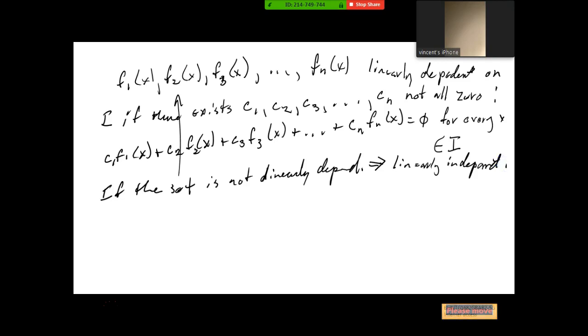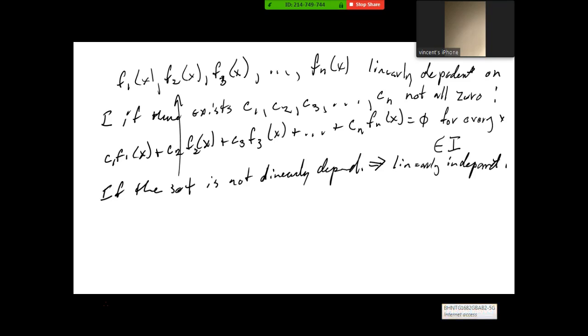What that means is you cannot come up with any group of c's, as long as they're not all 0, that you can combine to get 0 as an answer. If there's no way to do that, then these functions are linearly independent of each other. The other way of saying that is there is no way to separate one of them and put it in terms of all the others. You just can't do it.